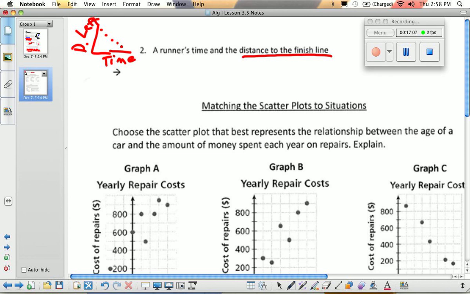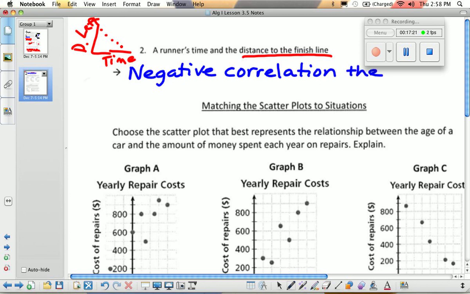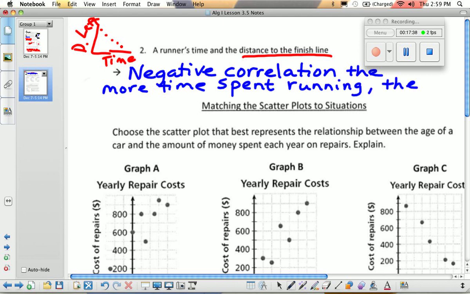So we would say this has what kind of correlation? Negative correlation. Negative correlation because the more time spent running, that's talking about the time increasing, the less distance left to cover, right?